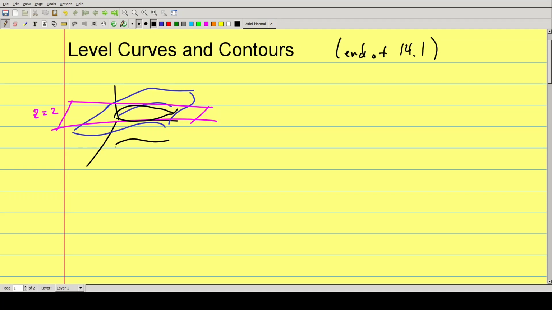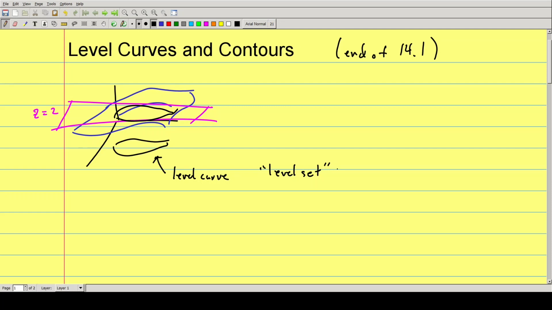What this is going to do is make some curve. It looks like this. All right? And this is what we call a level curve. Okay? Or a level set, if we think about it in terms of the collection of points.